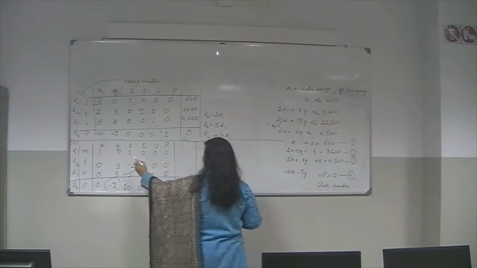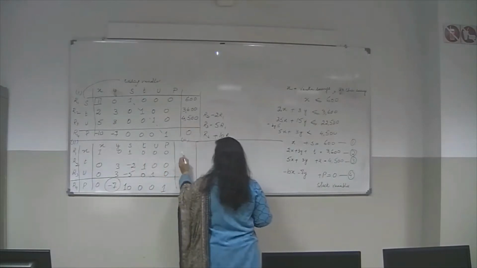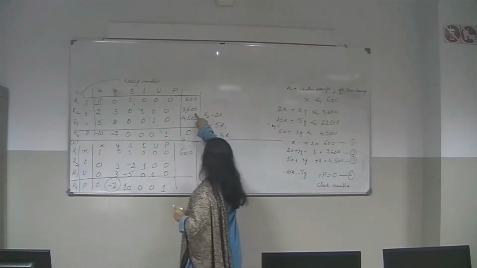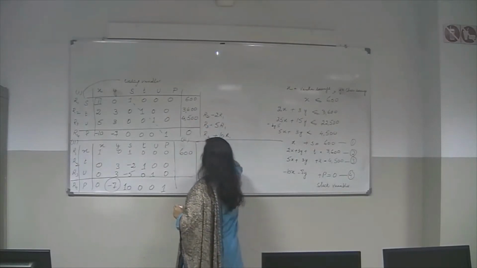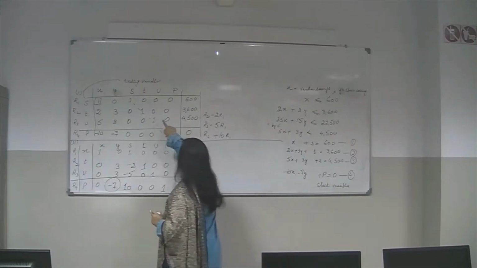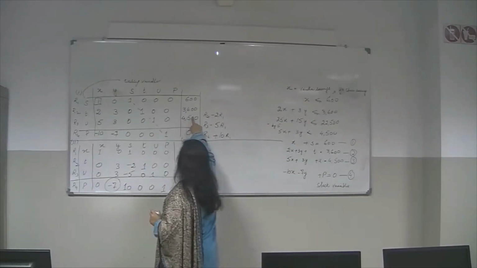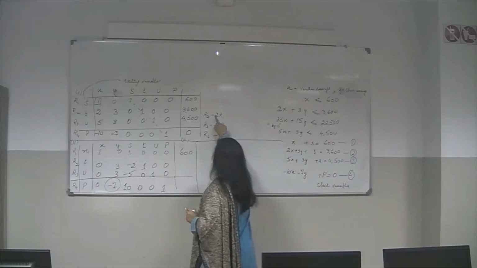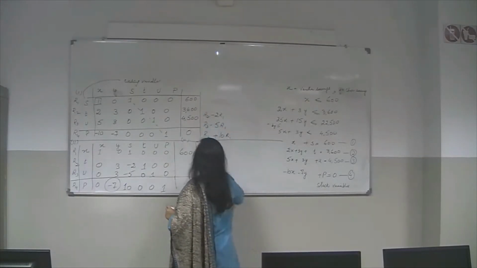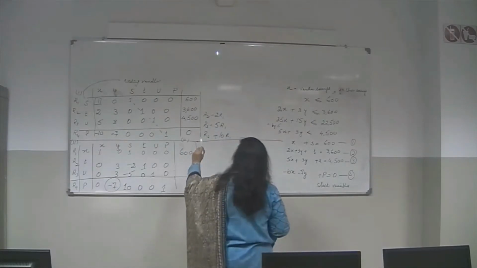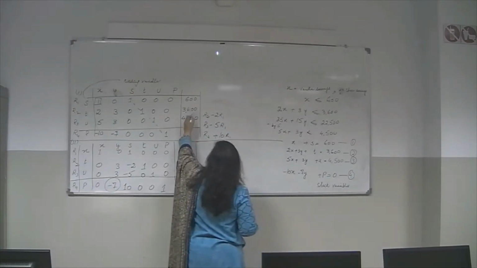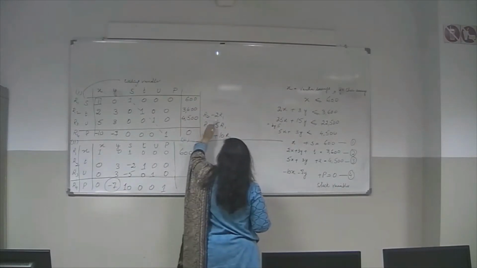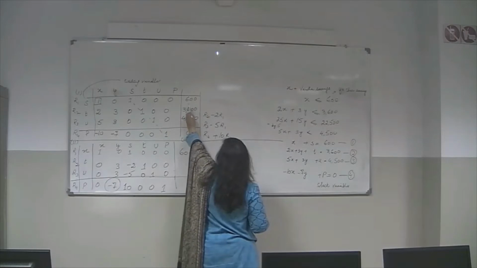So since this was the pivot column, we can write the 600 as it is, but if you see that this is R2, and since we have done operation on all the values in the row R2, we have to subtract 1200 from this, right? Because as you can see that this is minus 2, so this is 1200.